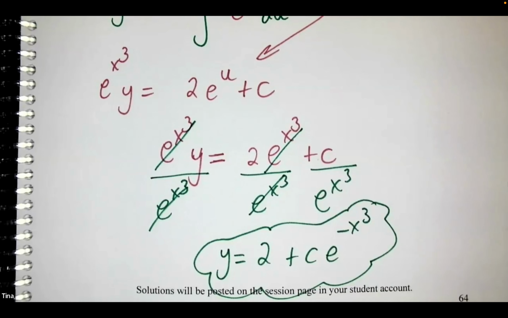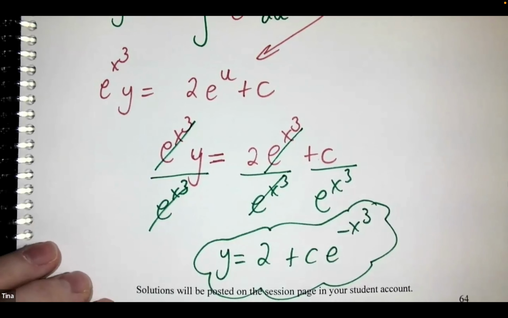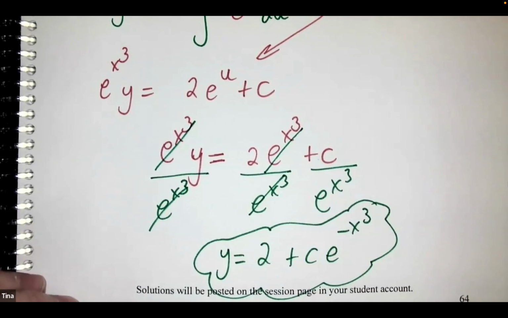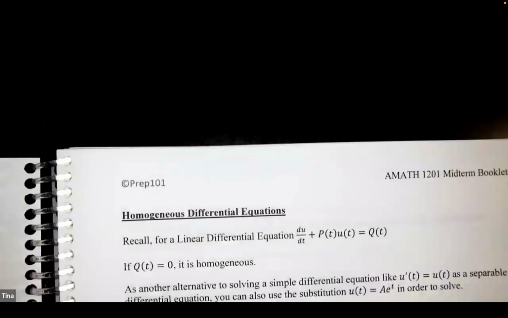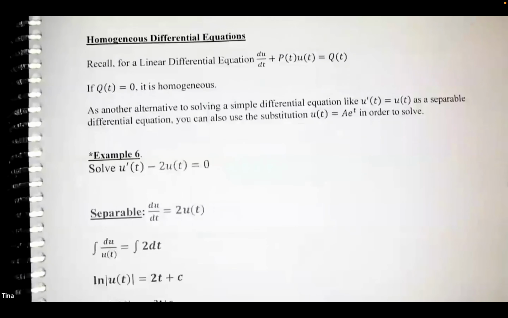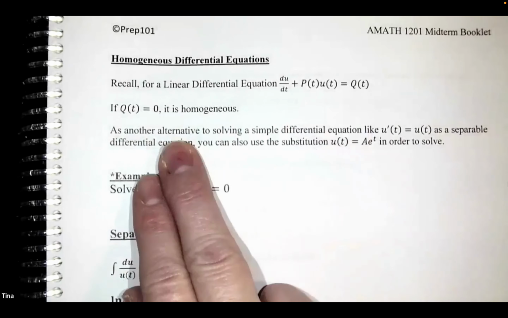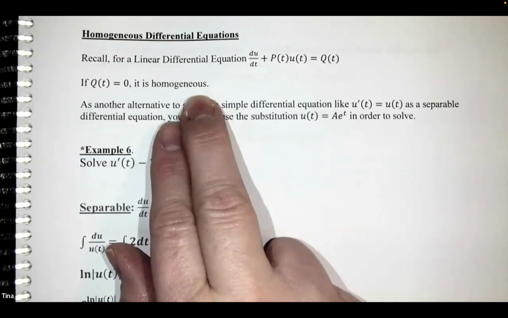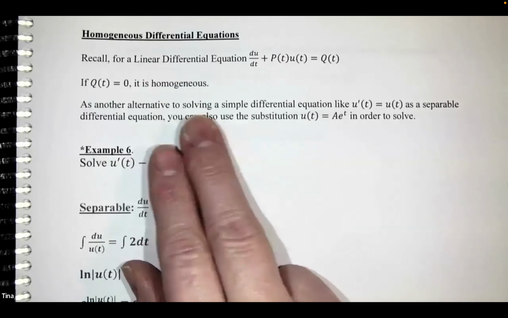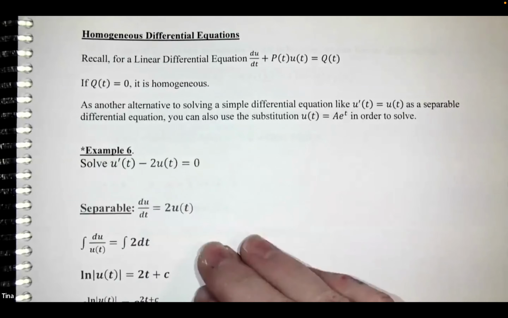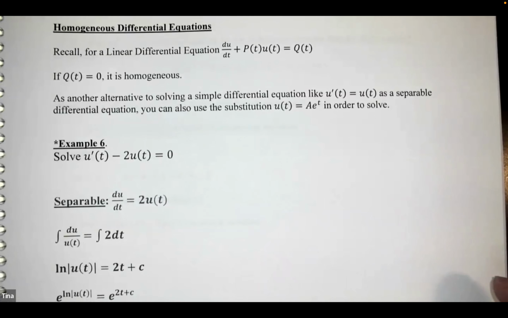Okay, so we've done tons of linear, tons of separable. I'll show you a couple more little things, and then we're going to do Bernoulli, okay? So this one here, in terms of linear, we talked about if Q of t is zero, it's homogeneous, but you could still solve it as a linear, but I would personally prefer to do it as a separable, but it's up to you, right?